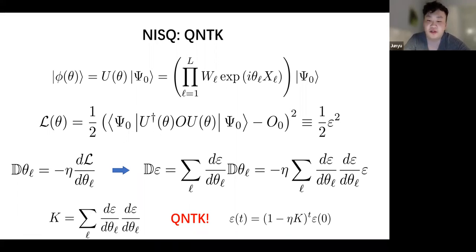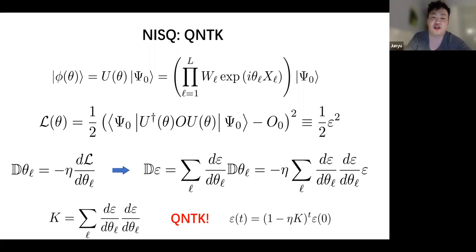So this formula indicates that in the case where K is a constant, we are able to exactly solve the gradient descent dynamics, which will exactly give you the prediction of how the algorithm will perform. And it is an exponentially efficient solution, which is good.